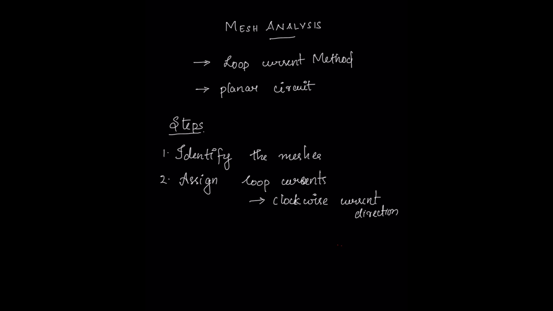After assigning a loop current, we have to write the KVL equation for each mesh. What does the KVL state? The KVL states that the algebraic sum of voltages in a closed loop is 0.